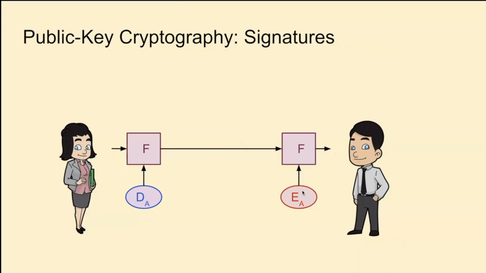And this is taken as a way of Alice proving that she actually originated a message, basically the purpose that signatures have been used for historically. So that's the idea of a digital signature.